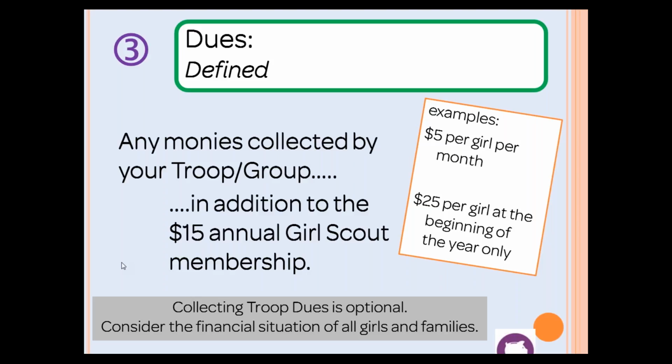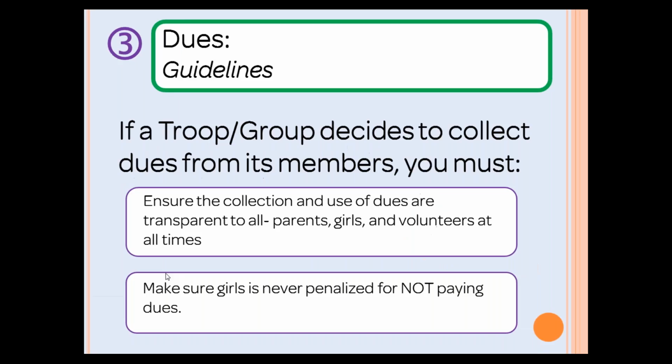And of course, if there's ever situations that arise, please reach out to membership managers. They're always there to help and talk through these situations and be a guiding force for you. So if the group does decide to collect dues from its members, you must ensure that the collection and use of dues are transparent to all the parents, girls, and volunteers at all times.